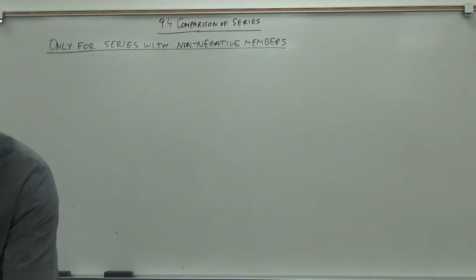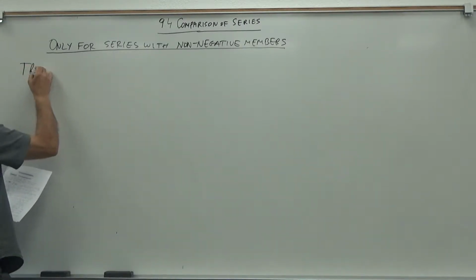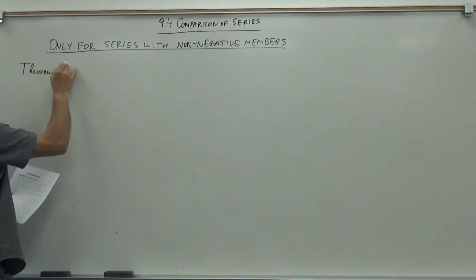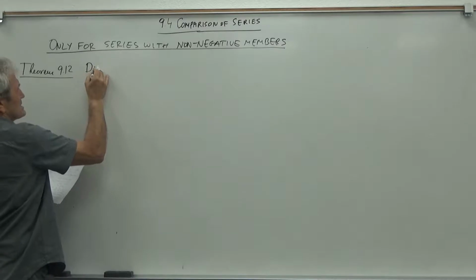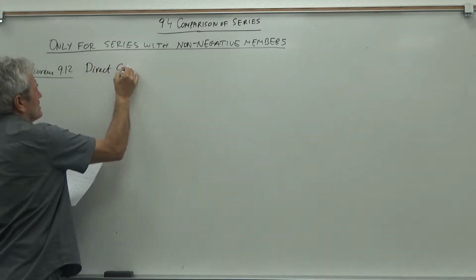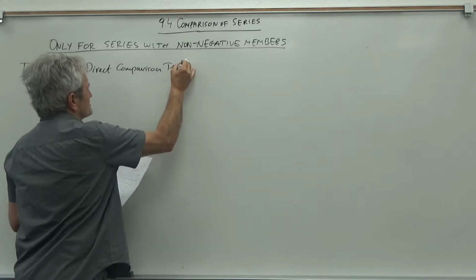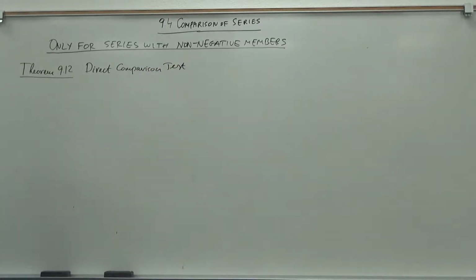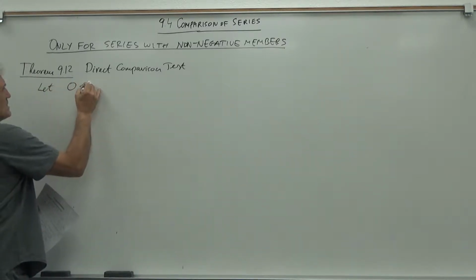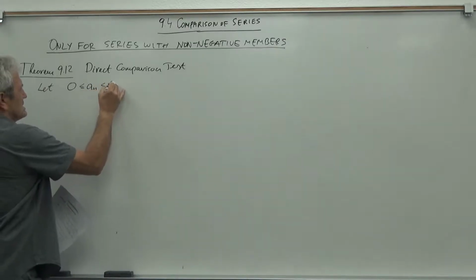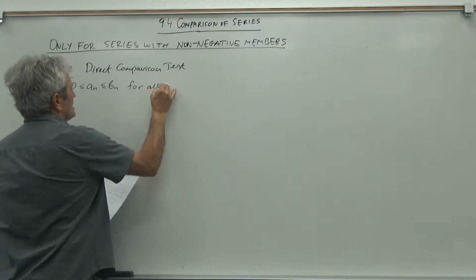So let me state the theorem. It is 9.12, and this one is called direct comparison test. So let me state first. Let 0 be less or equal a_n less or equal to b_n for all n.